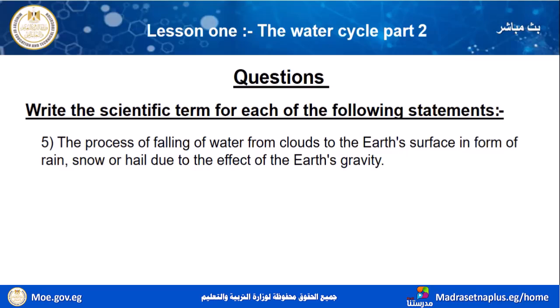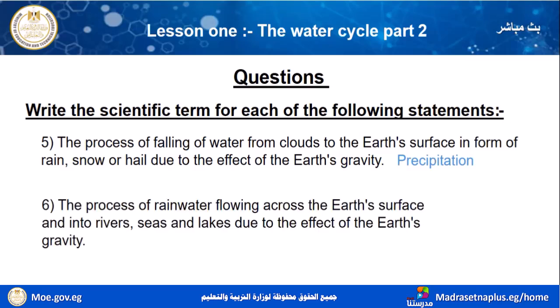And by the effect of gravity, these water droplets return back to the Earth's surface. This process is called precipitation. So precipitation is the process of falling of water from clouds to the Earth's surface in the form of rain, snow, or hail due to the effect of the Earth's gravity.